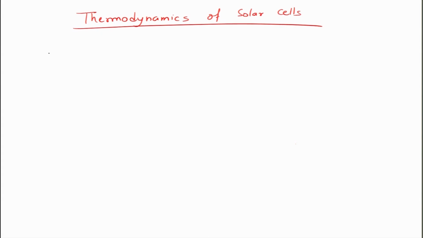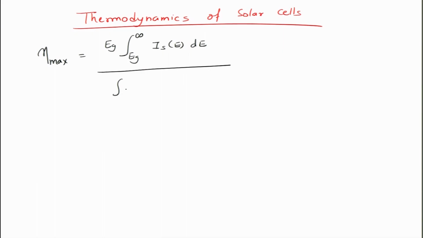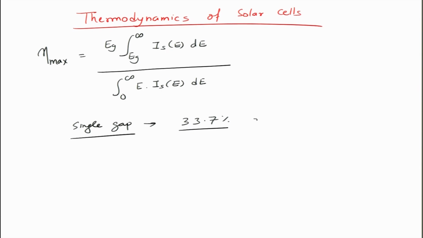So, this leads to maximization of efficiency, eta max, which means all the photons of energies above Eg are absorbed, and if you do this analysis, then the maximum efficiency one obtains for single gap devices, which means there is a single semiconductor, is 33.7% at 1 sun, and this band gap is at about 1.4 eV.